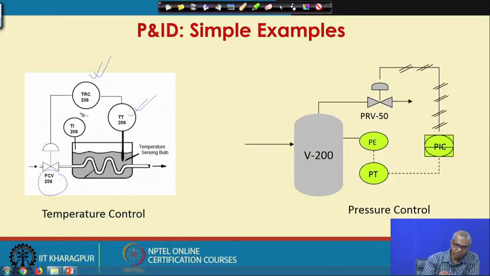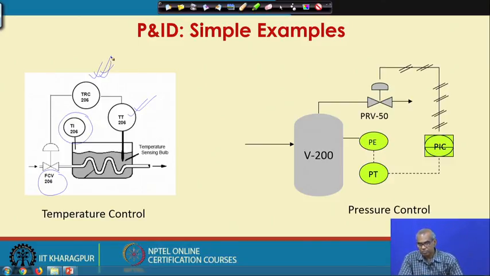Note here, this is TI, temperature indicator. So, it only indicates, it does not transmit the data. So, it only indicates to the human operator the measured temperature, but the temperature transmitter transmits the information about the measured data to the controller.